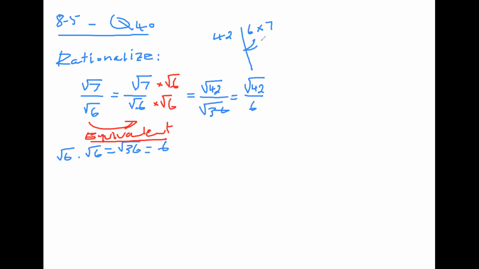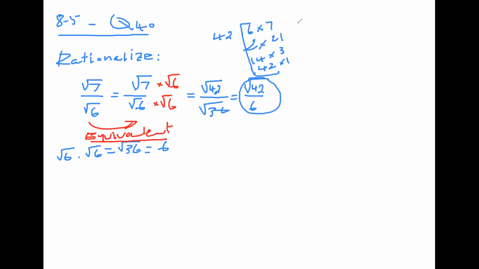What else? 14 and 3. And 42 itself and 1, which won't be very helpful. Does any of these numbers have a perfect radical? No, that's right. There's 6 and 7, no radical. So it can't be simplified, and we'll leave it like this.